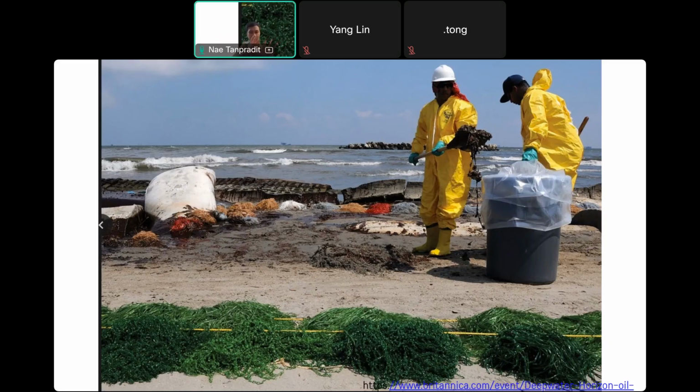The border of two ecosystems we call the ecotone, and in the ecotone we have many species, because some species can live both in the water and on the land, on the beach. So it has rich and diverse living organisms, and they are affected by the oil spill.